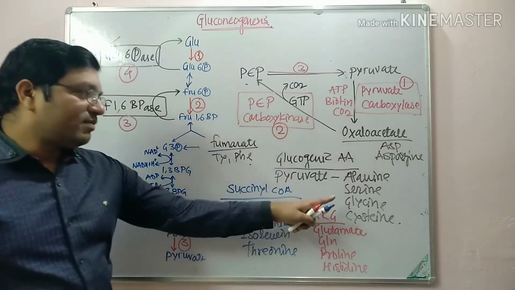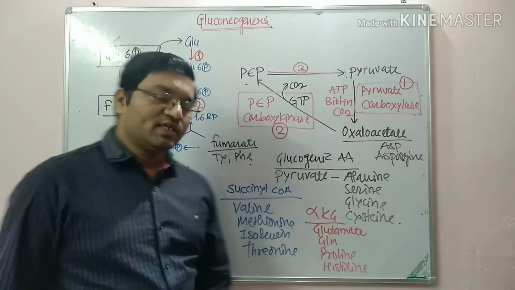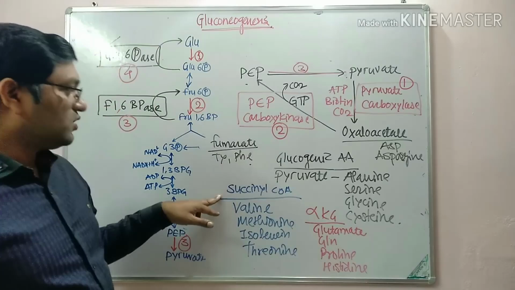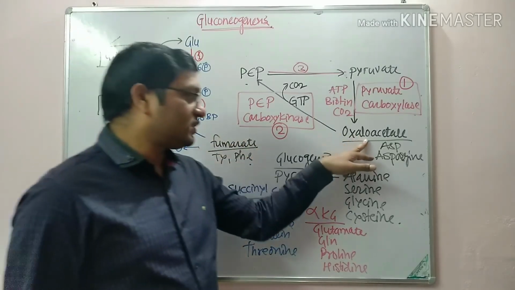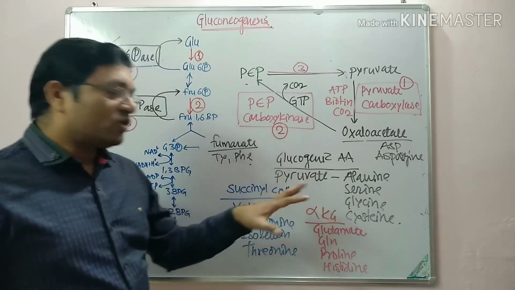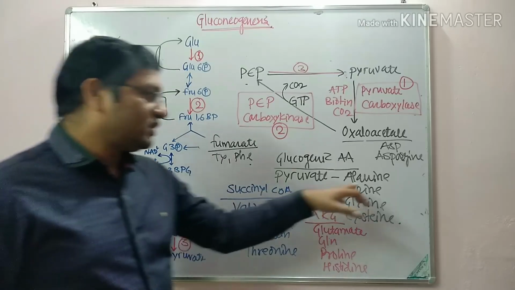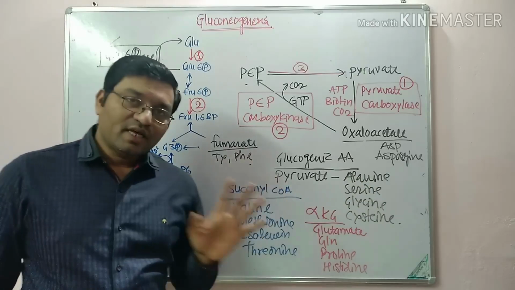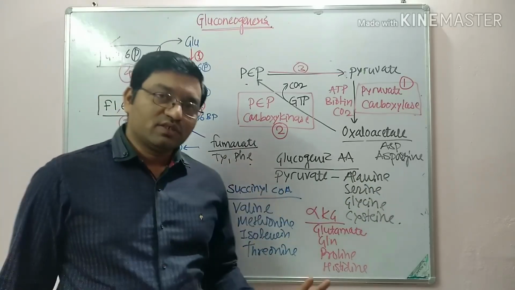So these are the different amino acids which give the intermediates of the TCA cycle, that is alpha ketoglutarate, succinyl coenzyme A, fumarate, oxaloacetate, and it also gives pyruvate. The most important glucogenic amino acid is alanine, which is used for gluconeogenesis. This is again an important long answer question.